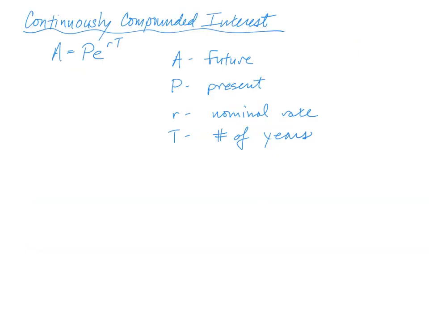So here is the continuously compounded interest formula. It is A equals P E raised to the RT power. So over here I have everything listed out. A is the future amount again, P is the present amount, R is the nominal rate, and yeah, we just get to use the nominal rate right in the formula, and T being the number of years.